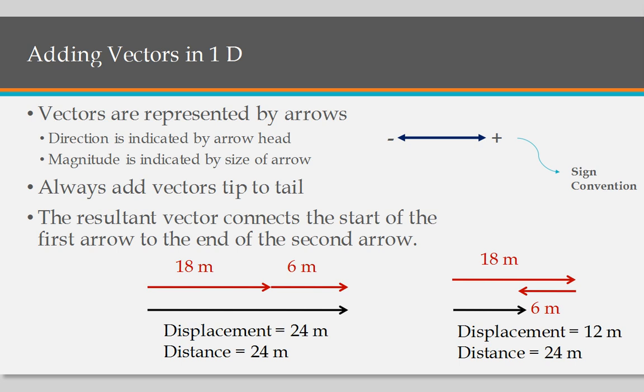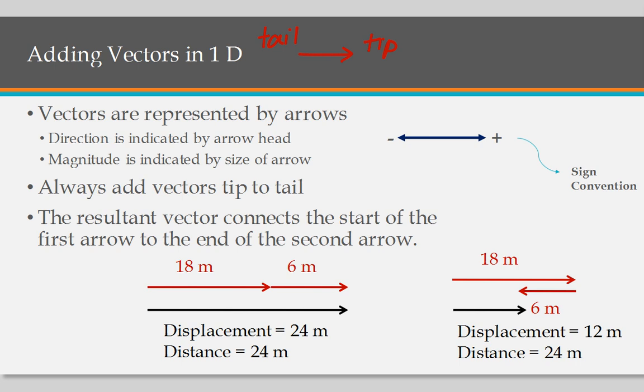Okay, so adding vectors in one dimension, we're going to use arrows to represent vectors. Arrows have a tail and a tip. Now the magnitude of the arrow is usually indicated by the size.